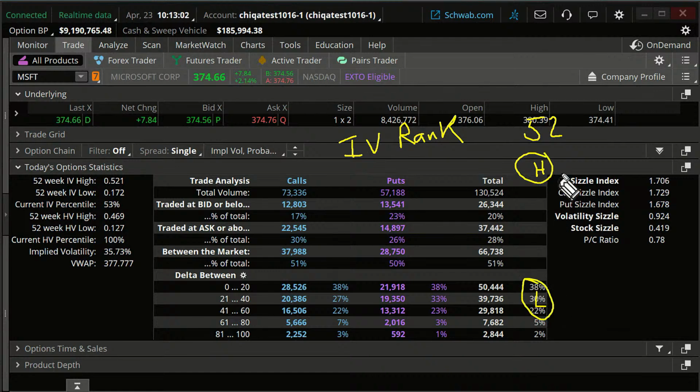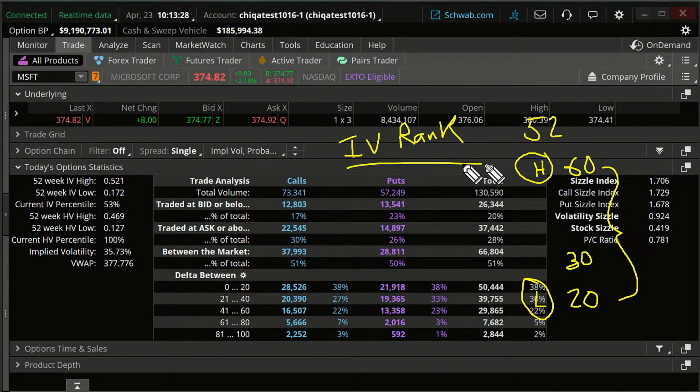So if you have a high level at, say, 60 and a low level at 20, that's a 40-point range. And if the current level were, say, at 30, then in that 40-point range we're at about the 25th percentile. That's what IV rank would be.